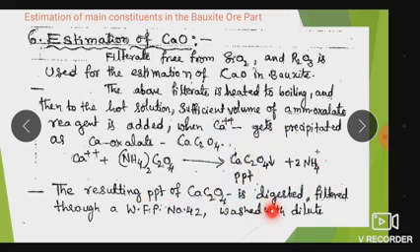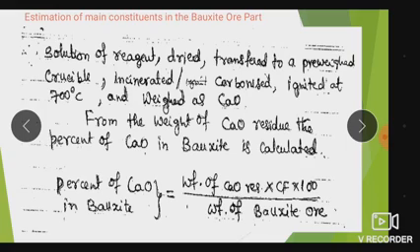The resulting precipitate, that is calcium oxalate, is digested, filtered through a Whatman filter paper number 42, washed with the dilute solution of reagent, dried, transferred to a pre-weighed crucible, incinerated, carbonized, ignited at 700 degrees Celsius and weighed as calcium oxide, similar to the hematite ore.